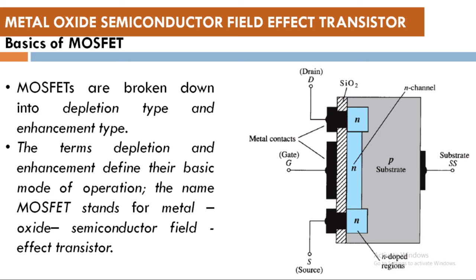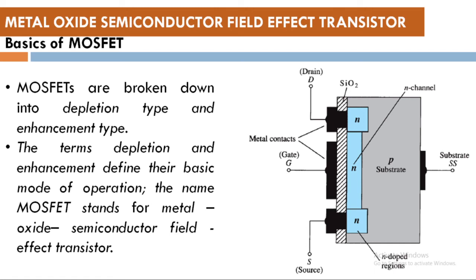So one way or the other we have to trade off something to achieve something. So we trade off speed with respect to power consumption. Whenever a device is constructed out of MOSFET, there is a reduction in power consumption.